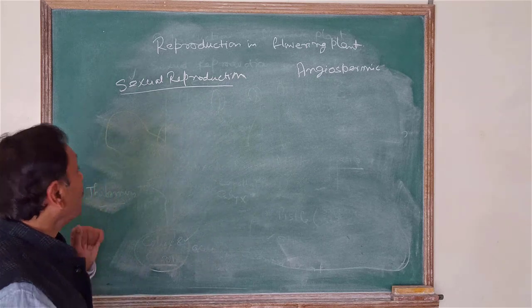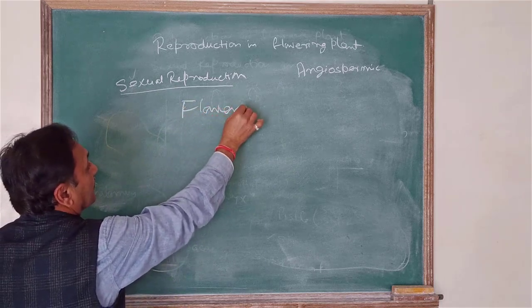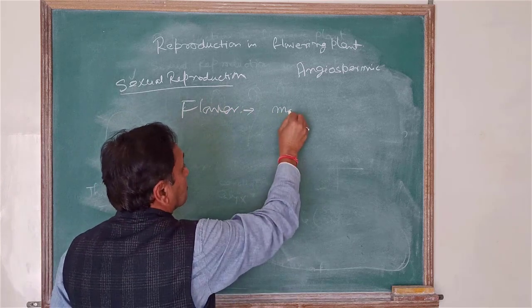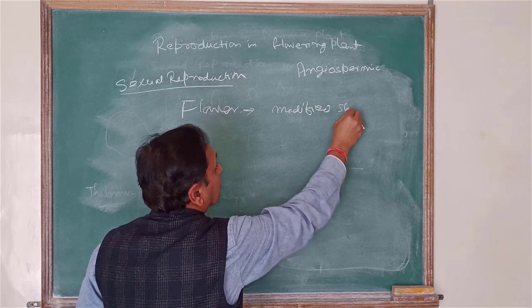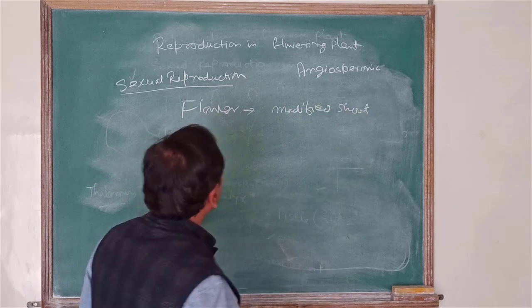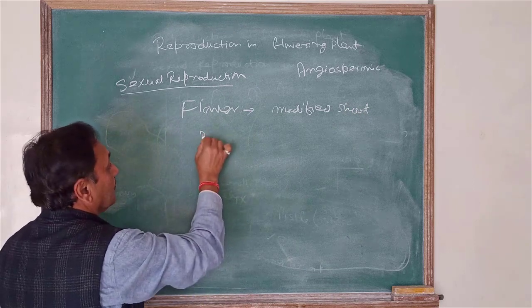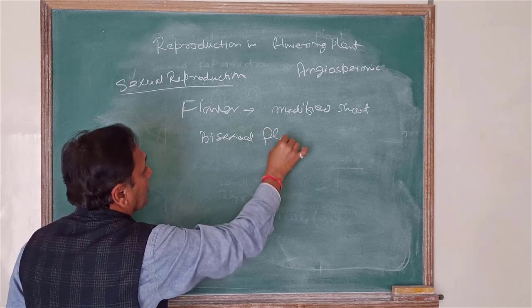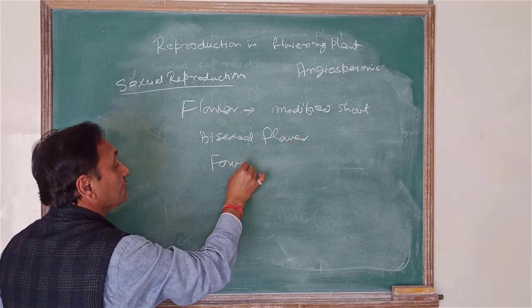Now, flower. It's a modified shoot. And a typical flower, which is called a bisexual flower, has 4 whorls.